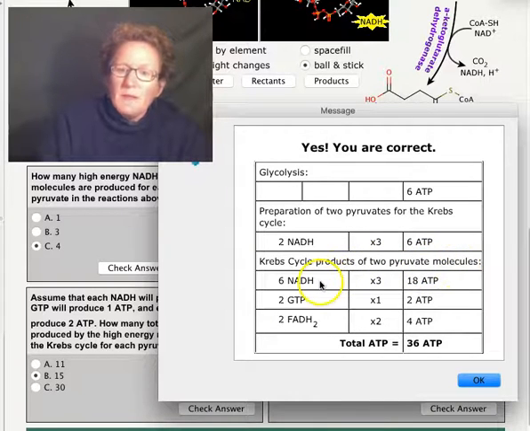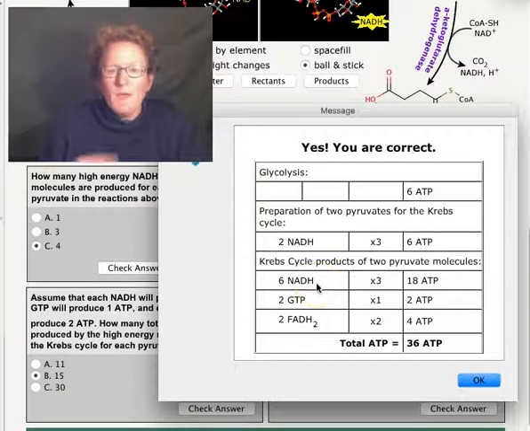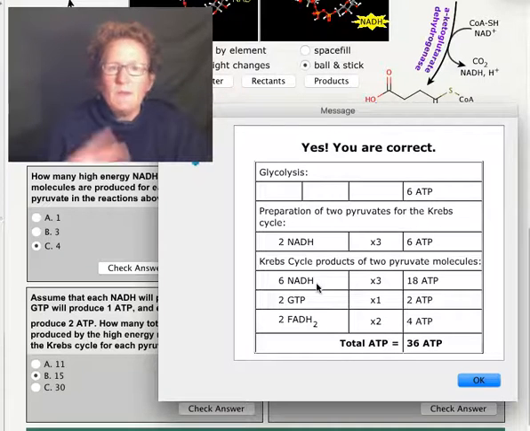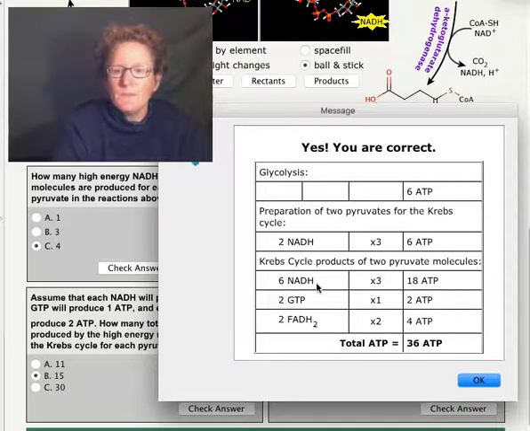We get 6 NADH, 2 GDP, and 2 FADH. Remember, they're counting the Krebs cycle twice because 2 pyruvates are made from glucose, and so you do the Krebs cycle twice for every glucose. So we get a total of 36 ATP. That's a lot of energy available from just 1 glucose molecule.